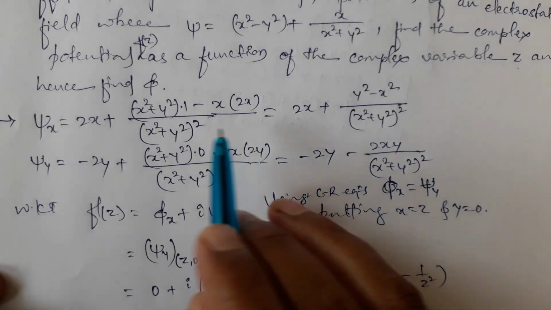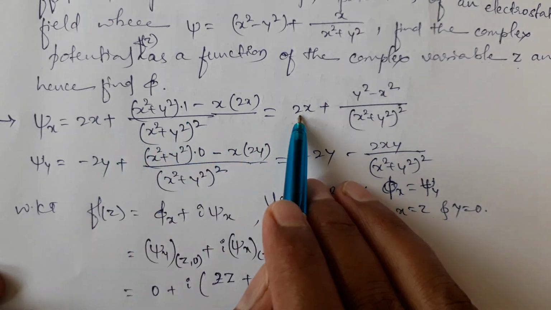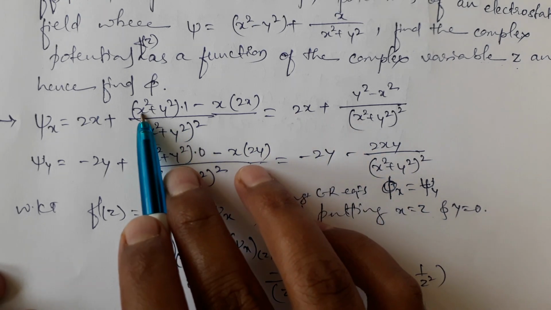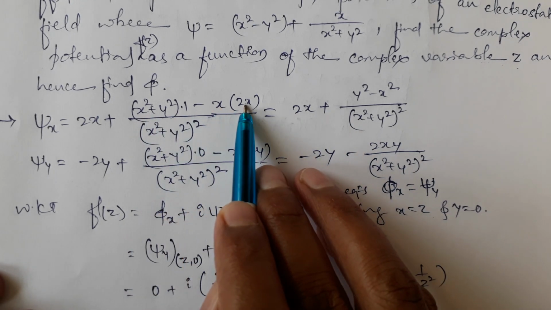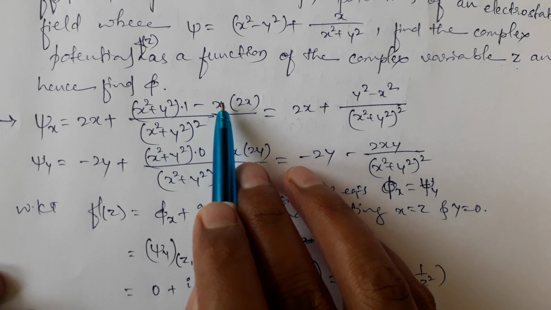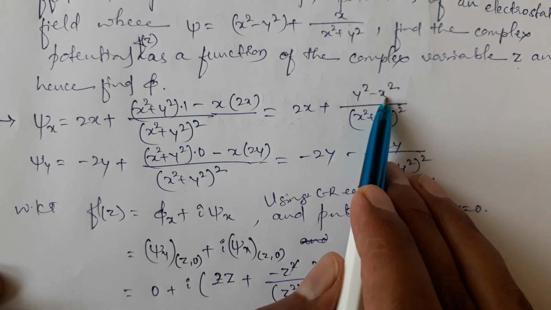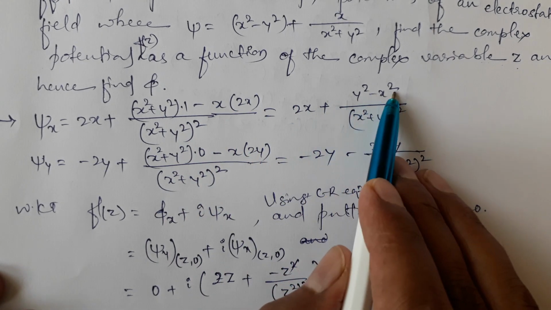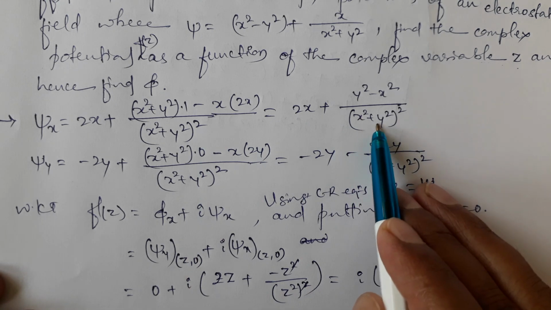By simplifying, 2x plus x² + y² minus 2x² is x² minus 2x² which is −x², therefore (y² − x²)/(x² + y²)².